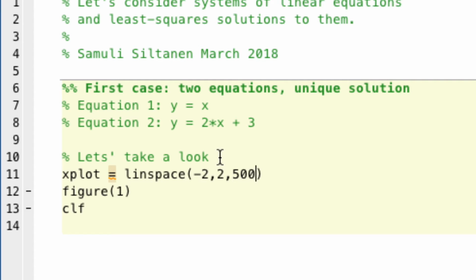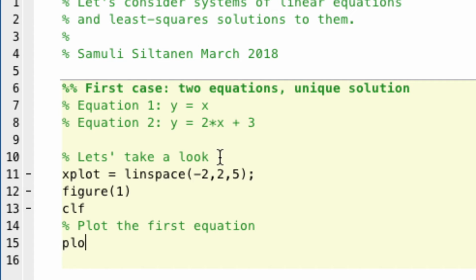Well, actually, these are linear equations, so we only need very few. Even 2 points would be enough, but let's have 5 for the heck of it. So then let's plot the first equation. We plot xplot, and then we have our y just equals x, and let's plot it in blue.